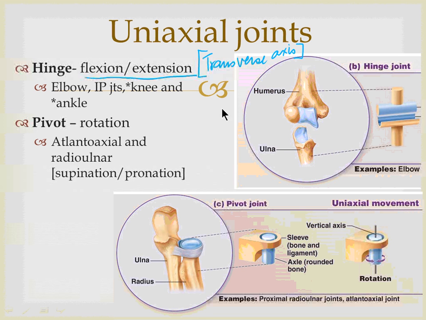Good examples are your elbow between the humerus, radius and ulna. Another example of flexion and extension is the interphalangeal joint. If you look at your fingers, these little lines between the proximal, middle and distal phalanges are called interphalangeal joints.